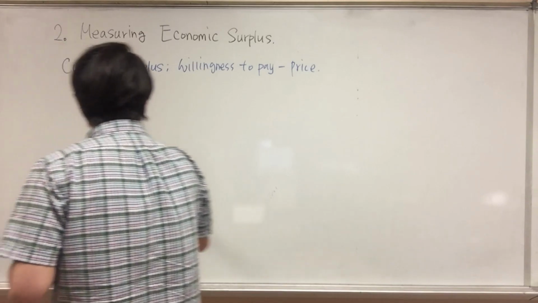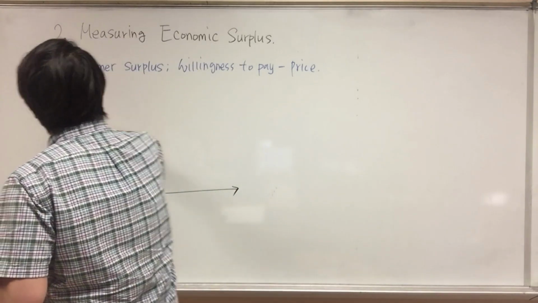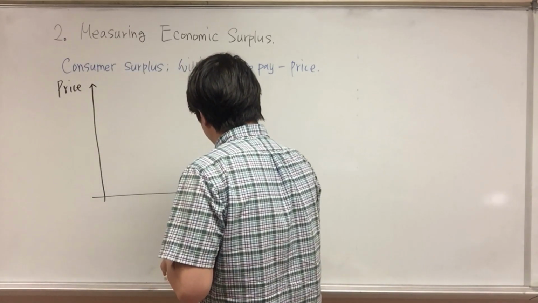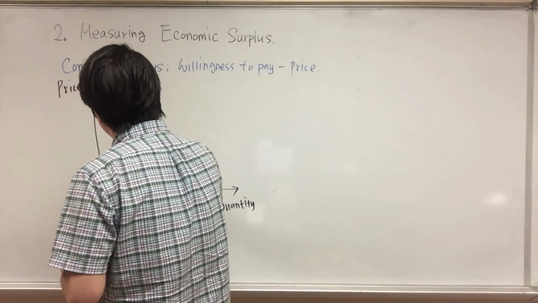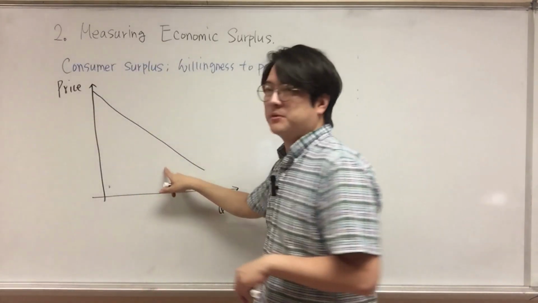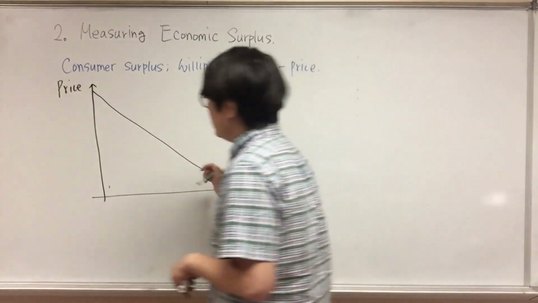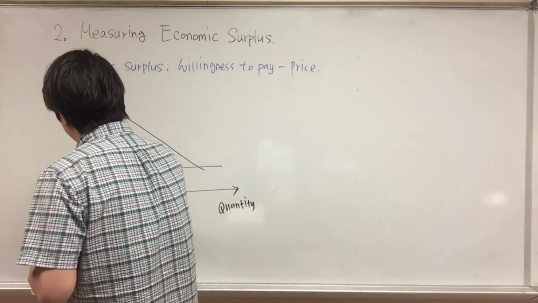If you think about the demand curve, here is the price and here is the quantity demanded. We have the demand curve, which is downward sloping, right? And this is the market price.